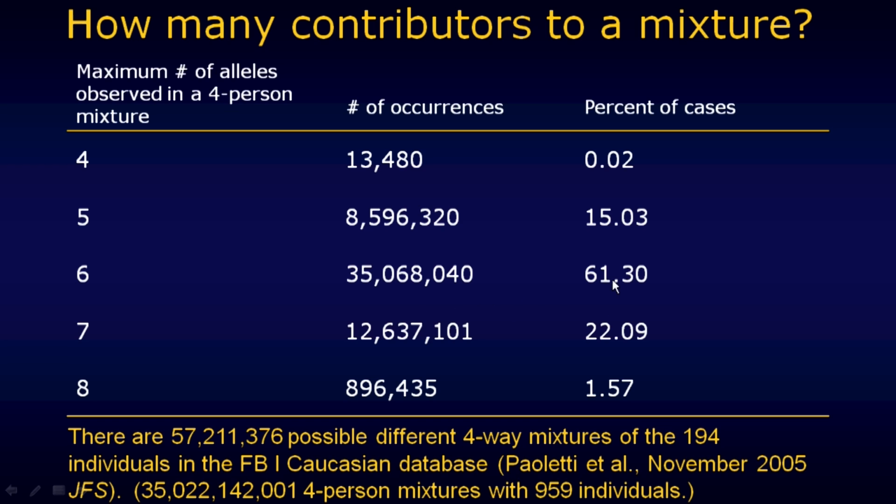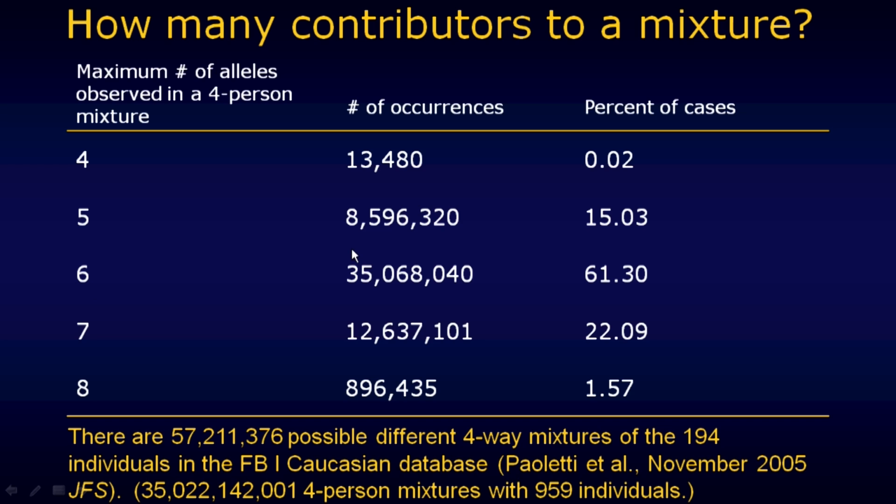If you add 61 to 15, it's about 76% of the time a known four-person mixture actually gave us no indication that it was a four-person mixture. Instead, it was appearing as if it was a three-person mixture.